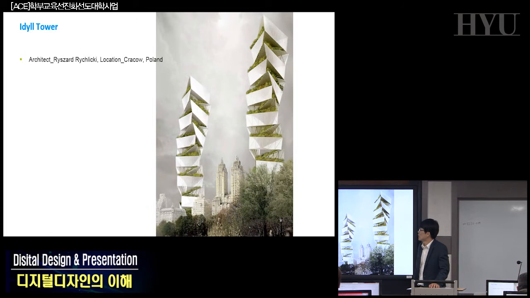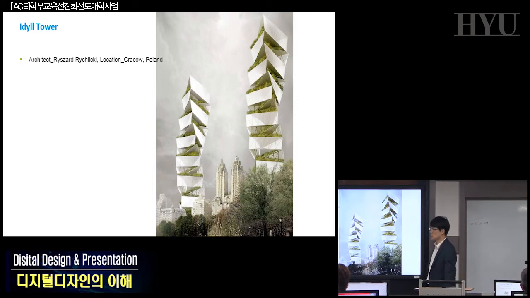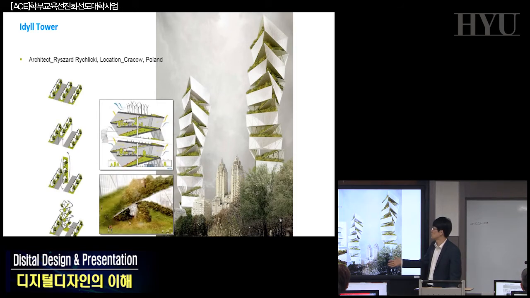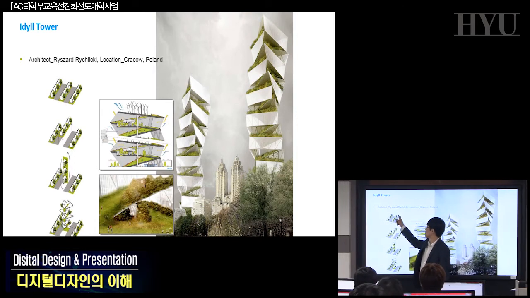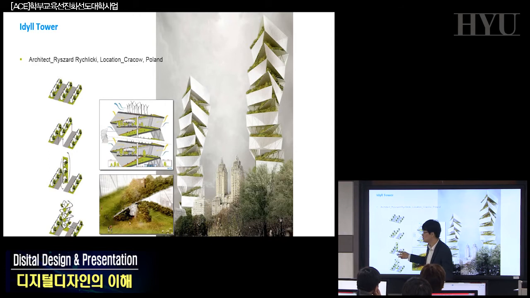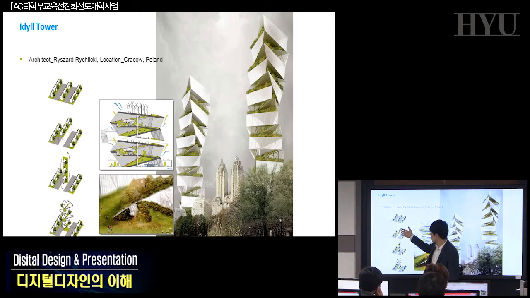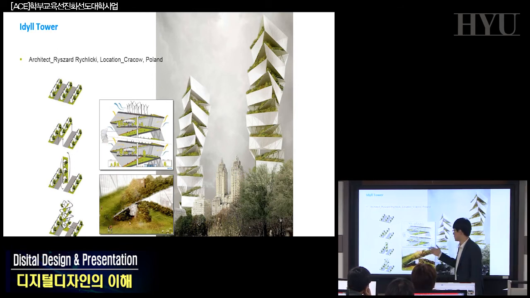How about this, named ideal tower? When we see this tower building, it looks like a zigzag style, twisted building. But how about this diagram? There are a series of townhomes. One row can be extracted and turned upside down and twisted, and then we can generate this kind of thing.